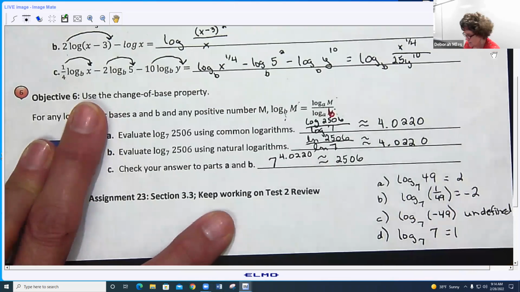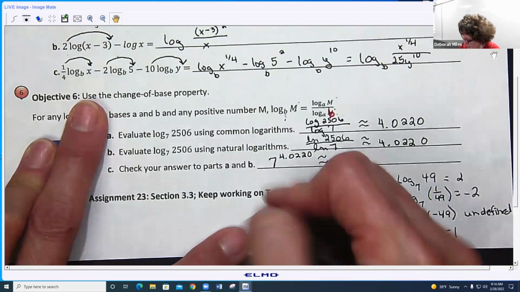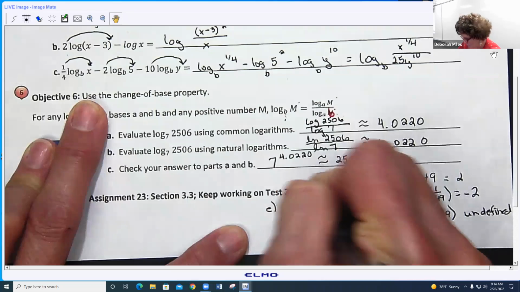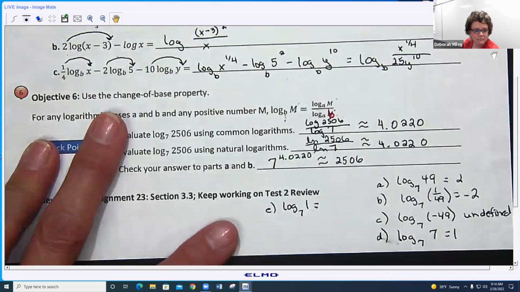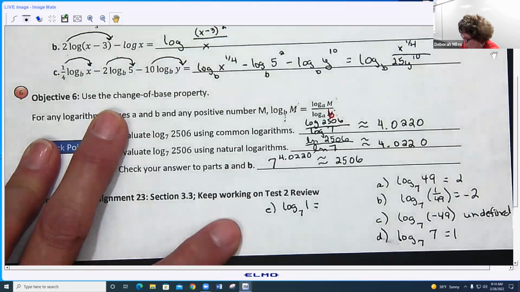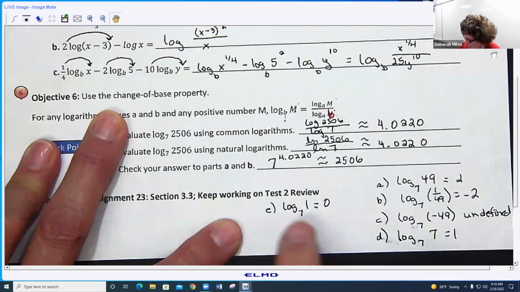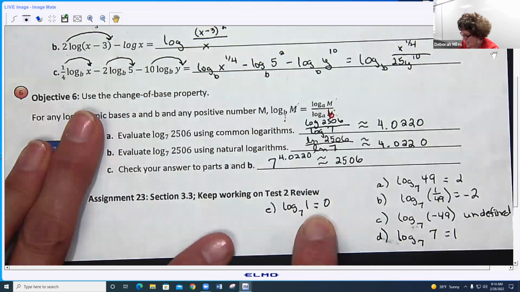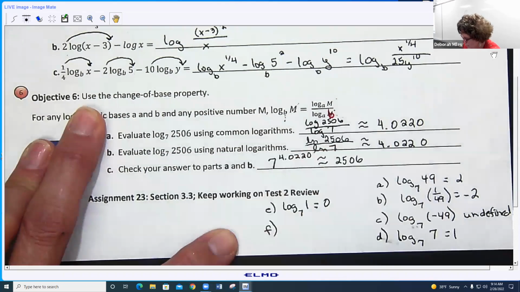Let me give you 2 more parts. I could say, what's log base 7 of 1? 0, because anything to the 0 gives you 1. And then here's what you have to watch out for.